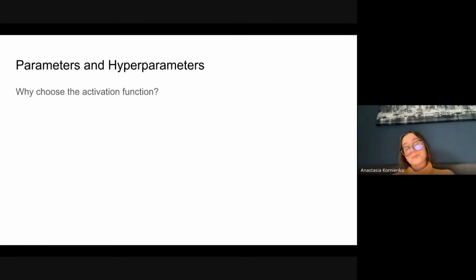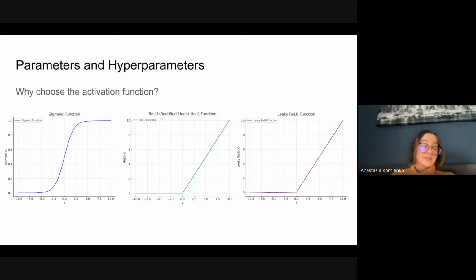So sigmoid was the first one. It is for binary classification, but for non-binary there is the softmax activation function. You can search and read about what it does.